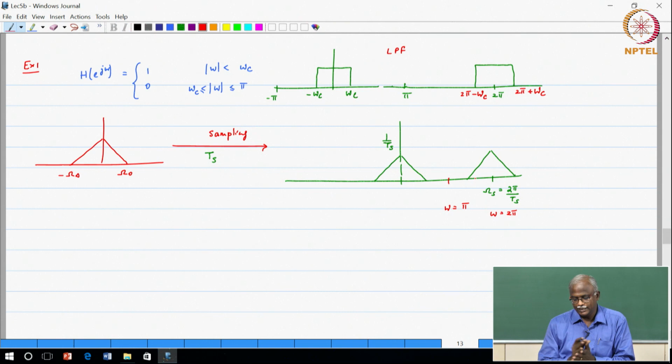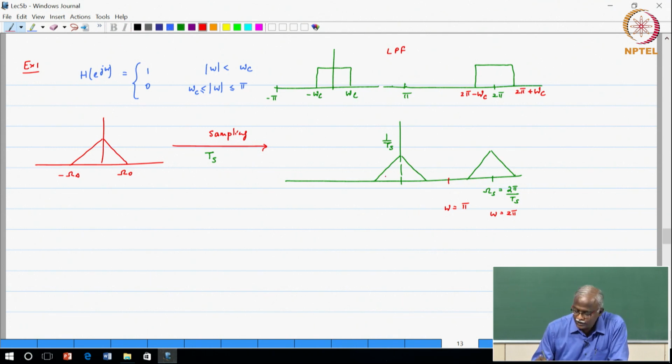So here is a discrete time signal, and now we can forget about the continuous time part. Its spectrum is given by this drawing, and this has to pass through a low pass filter.